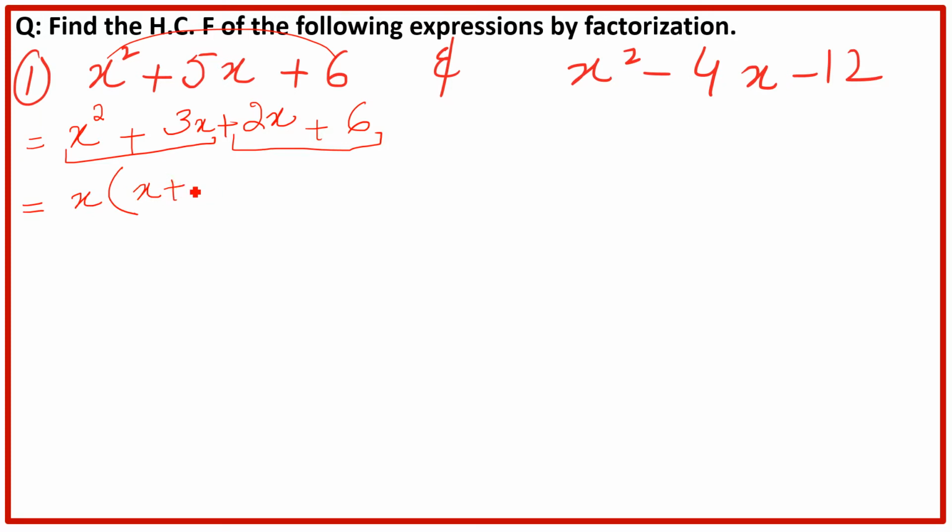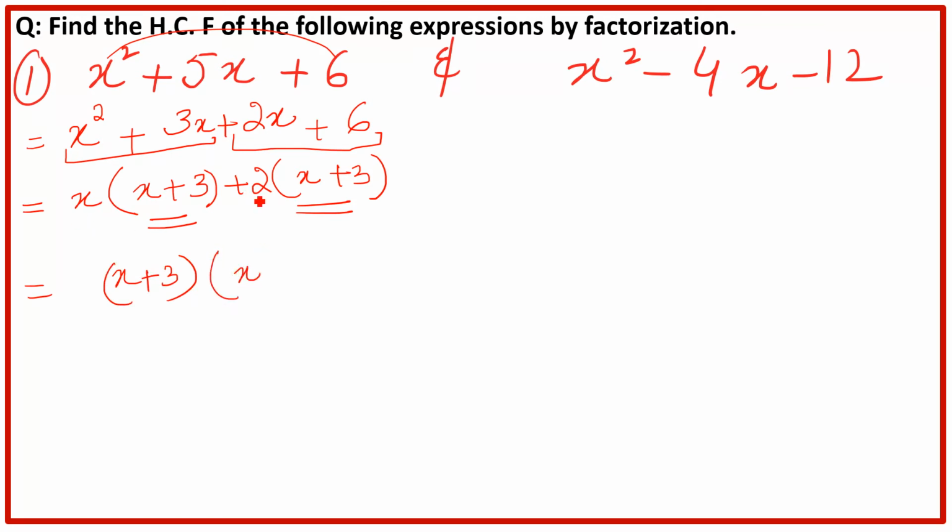In the parenthesis we have x plus 3. Here we will take positive 2 as common and x plus 3. And I told you both parentheses should be exactly the same. So x plus 3 we will take as common, multiplied by whatever is remaining, x here and positive 2 there. So this is the factorization of the first part.